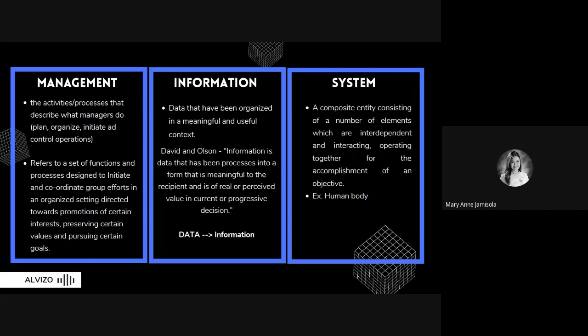For example, the human body is a system. If you break it down into several systems, we have your digestive system, which is composed of several organs tending to the same purpose.